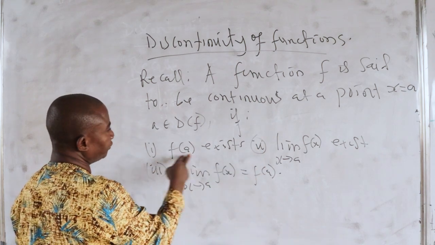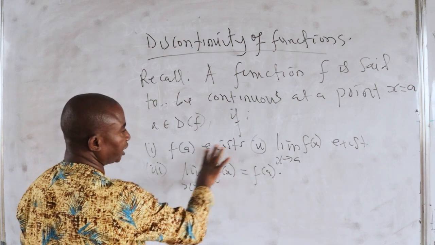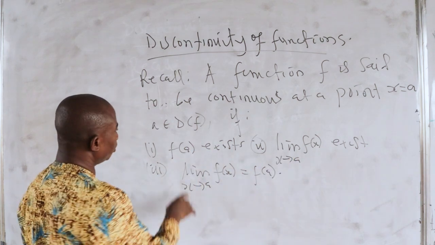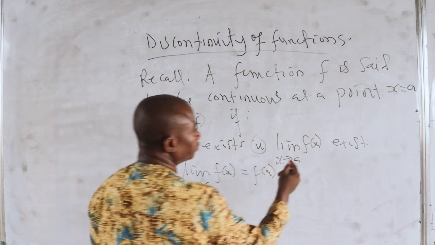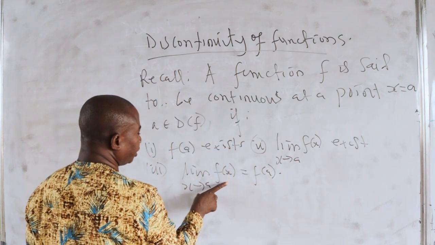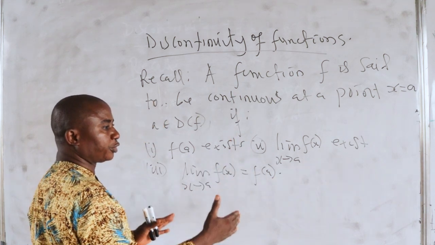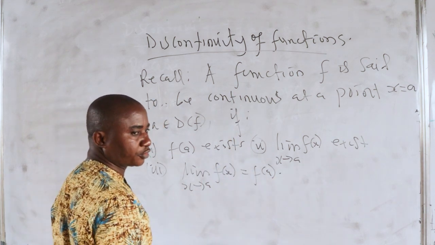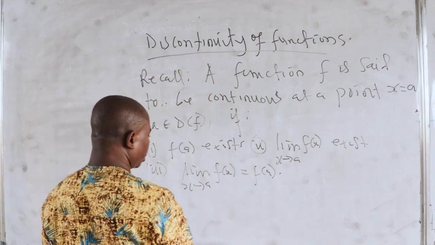Because if you observe, there are three conditions, so there's a possibility of three different things happening. Number one, it's possible that f of a does not exist, and then it's possible the limit does not exist. It's also possible that the limit exists, f of a exists, but they are not equal. In each of these possibilities, we have different names for them. And so that brings us to what we call types of discontinuity.